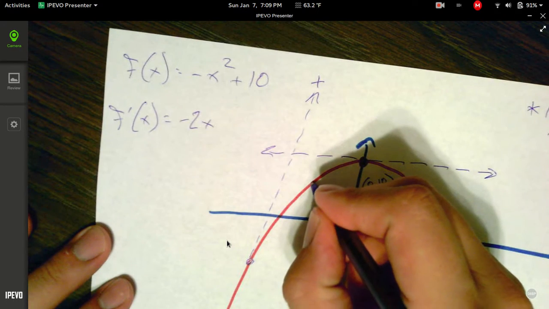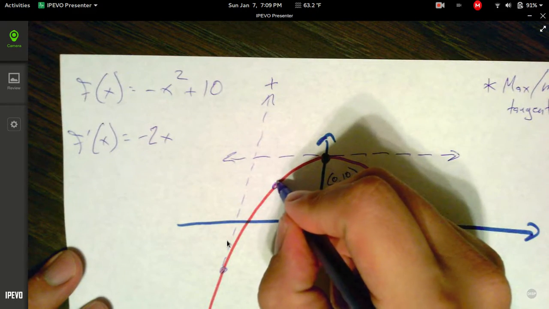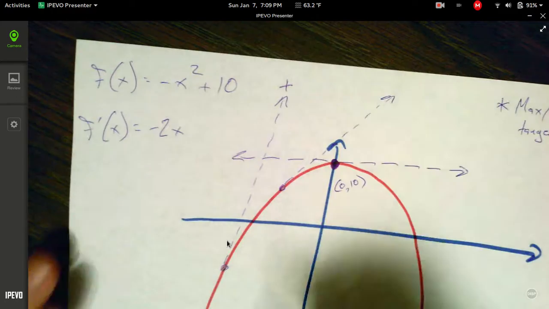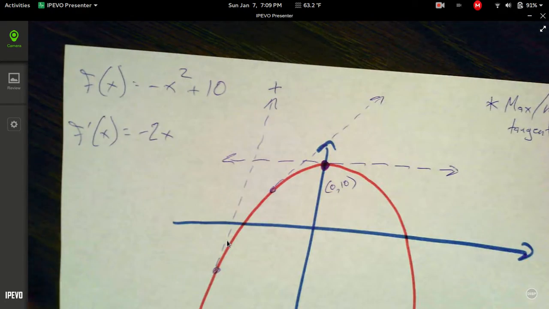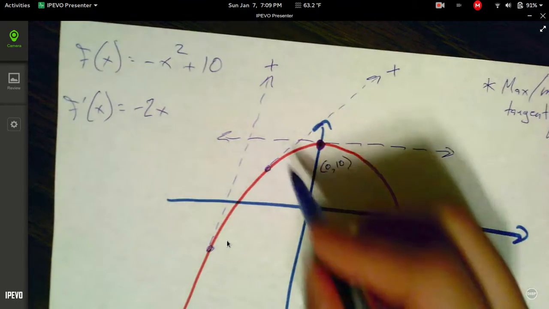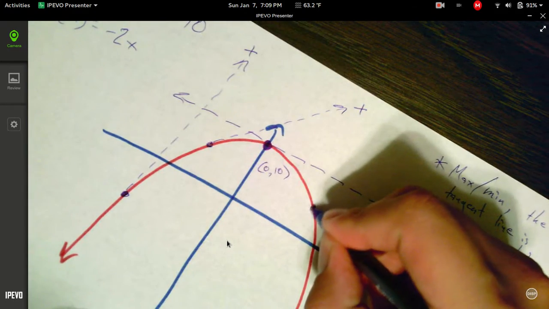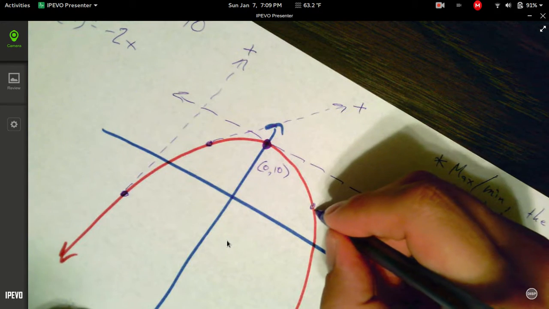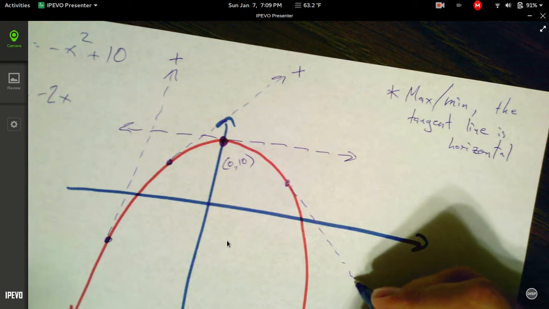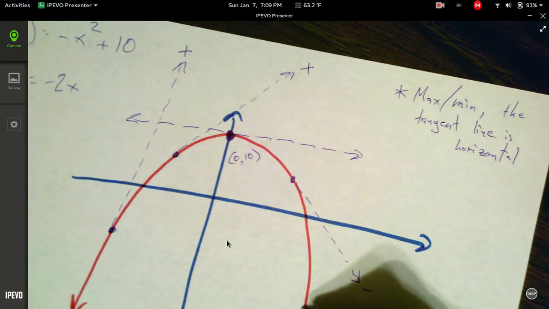If I take a tangent line at this point, and again, we just draw a little line that shoots off that way, we again have a positive slope to this tangent line. Once we get past our maximum, though, all of these tangent lines will have negative slopes.